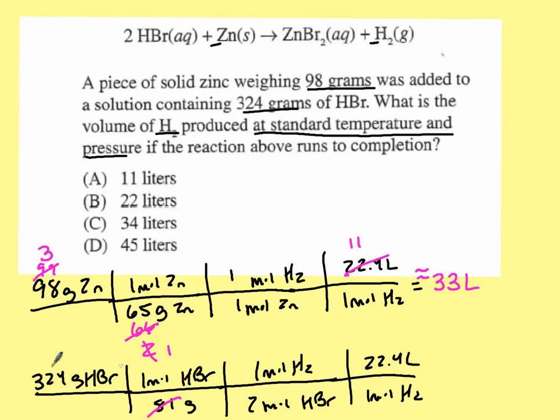So 80 goes into 320 4 times, so that's 1 and 4. And then 2 and 22 is 1 and 11. So 4 times 11 is around 44 liters. So our answer is the smaller of the 2, or C.